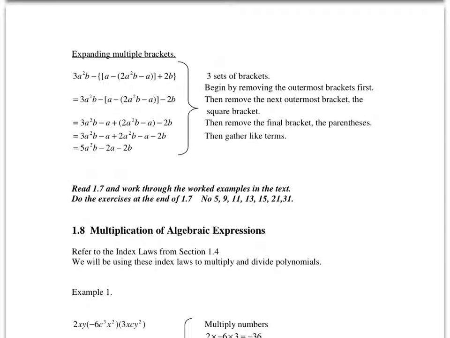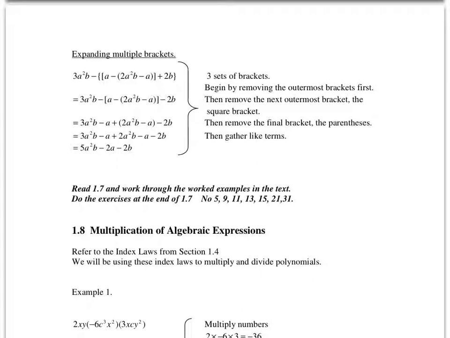At the beginning of the second page, there is an example on expanding multiple brackets. In this particular case, there are 3 sets of brackets that need to be removed, so hence use the distributive law to remove the brackets.